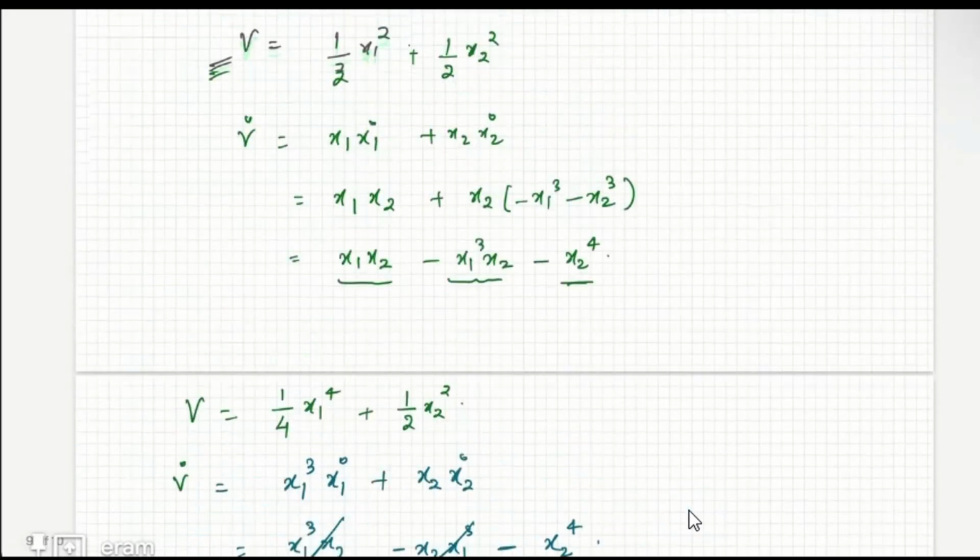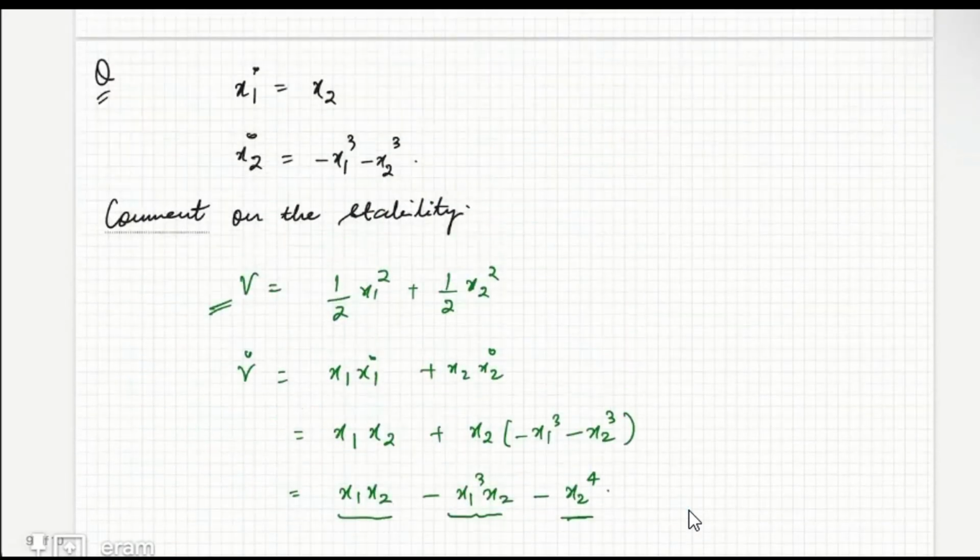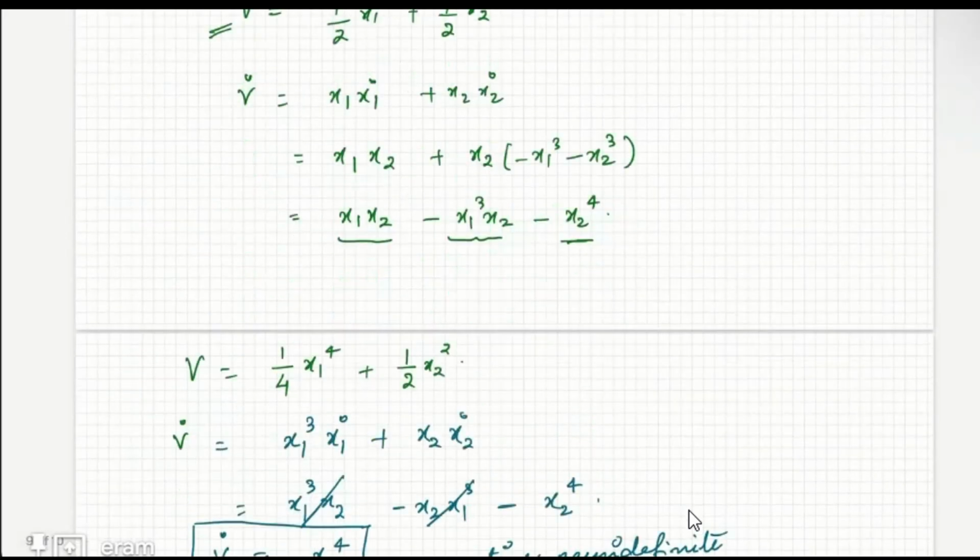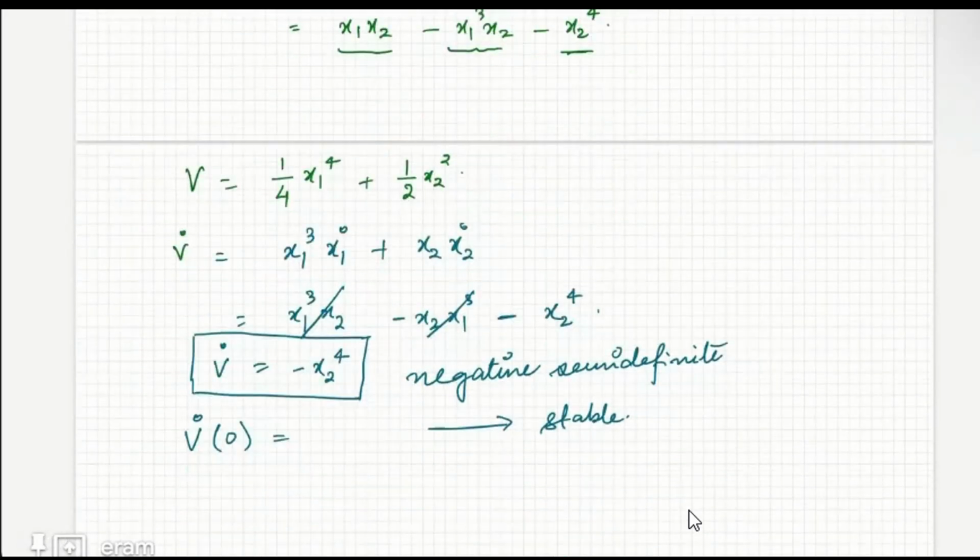So we add the invariance principle to the Lyapunov analysis to give a guarantee on the asymptotic stability of the system. That will be covered in the next lecture, I think. But for the time being, we can say that this system is stable. For asymptotic stability, we have to work more on it.